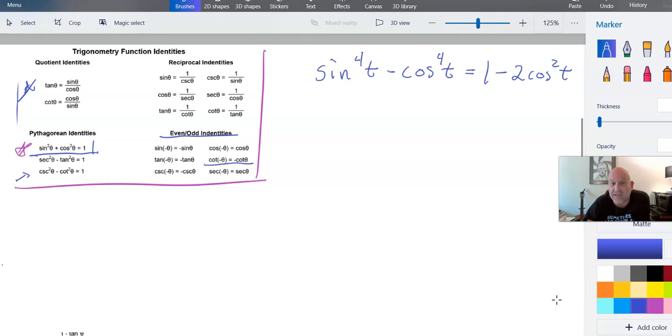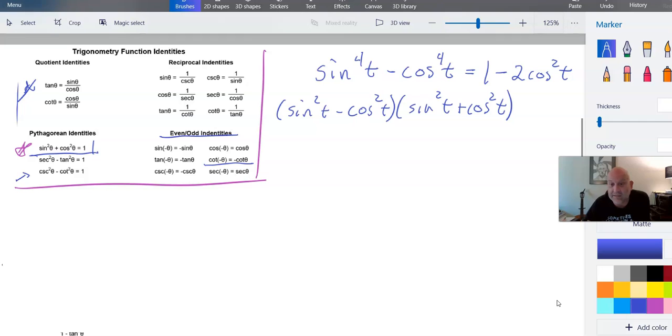This is the square of sine squared t, and this is the square of cosine squared t. Because of that, this is the difference of squares, which means I can rewrite this as sine squared t minus cosine squared t times sine squared t plus cosine squared t.